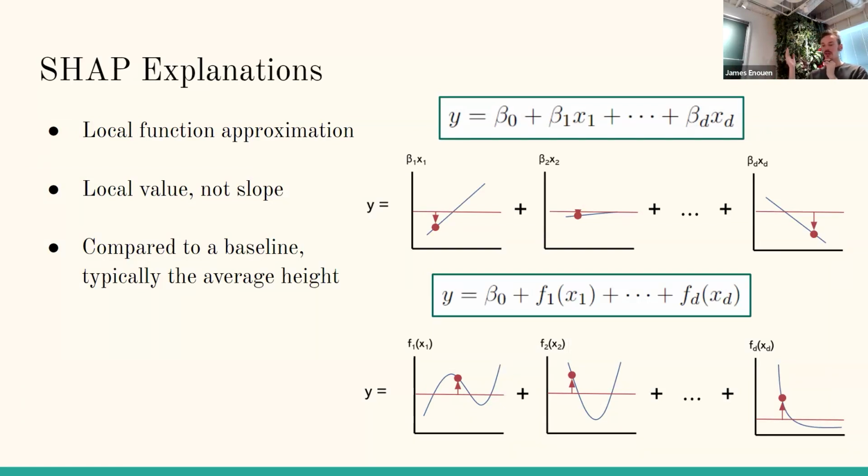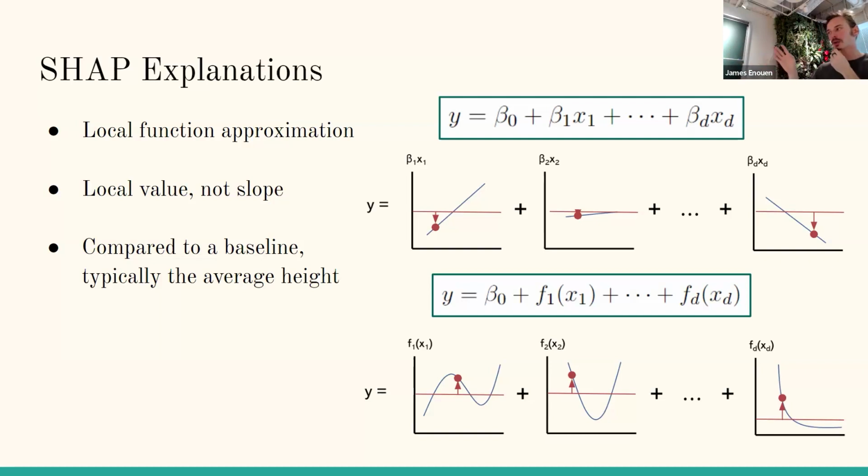From the additive model perspective, if you plug in a linear model or an additive model, all the Shapley value does is split it back apart into these different components that made it up. One thing I want to emphasize is that it's not a linear approximation, it has no slope information. Linear can be thought of as constant slope, and when you're plotting the coefficient, you're plotting that slope.